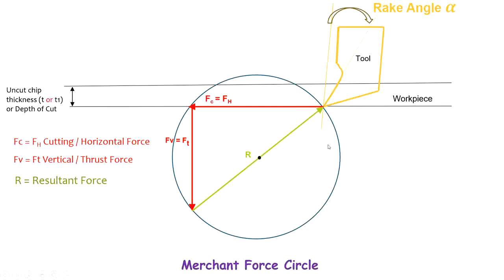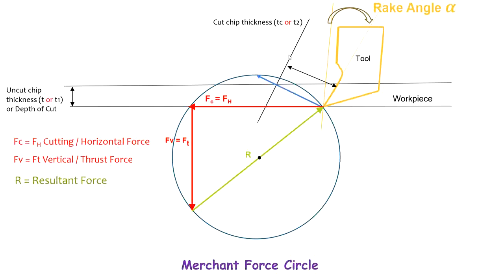Now once we draw the circle, the cut chip thickness we can designate by the letter tc or t2. Chips will move along the rake surface. By considering this, the chips will start to move along the shear zone and along the face of the tool.